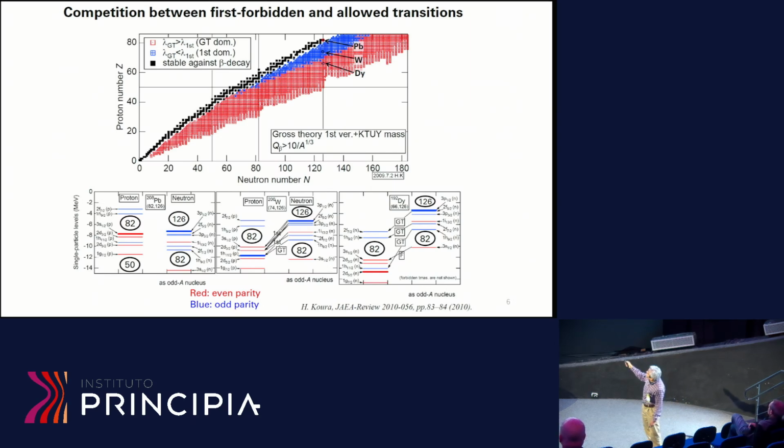For example, in the case of tungsten, this figure shows single particle levels for the protons and neutrons respectively. And tungsten fills the 1h11/2 state almost, with 2 proton vacancies. And the most beta decay goes from the odd parity neutron states to the even parity proton states, so with first forbidden transitions.